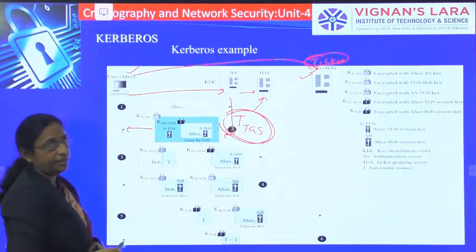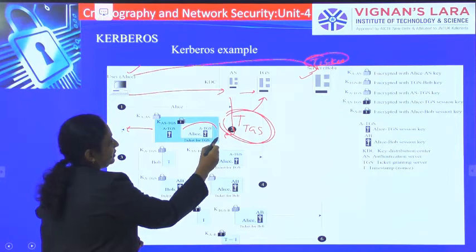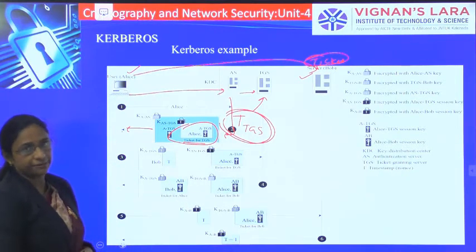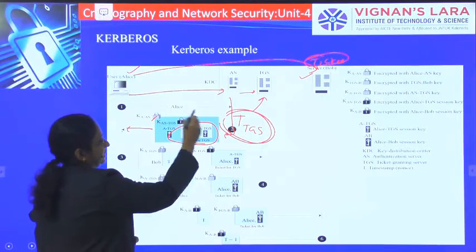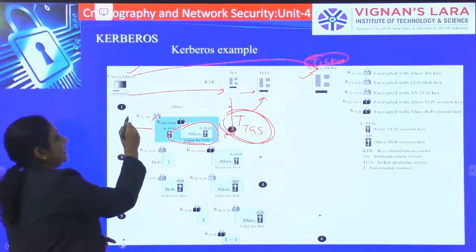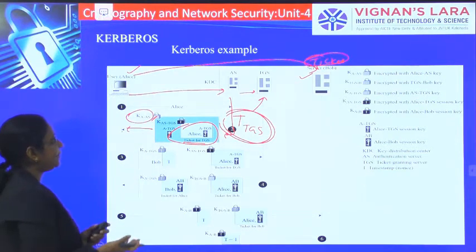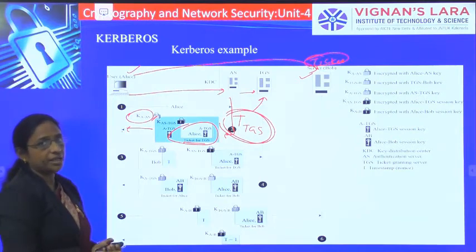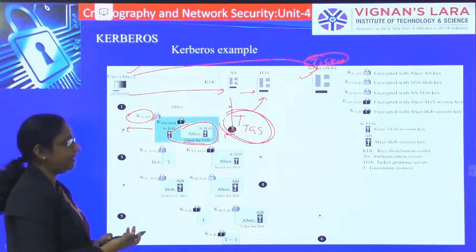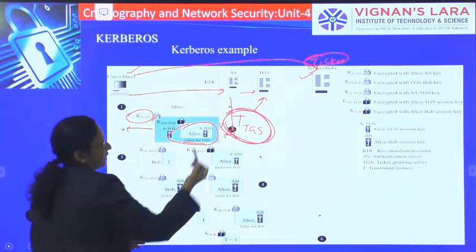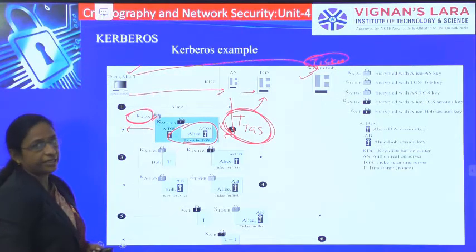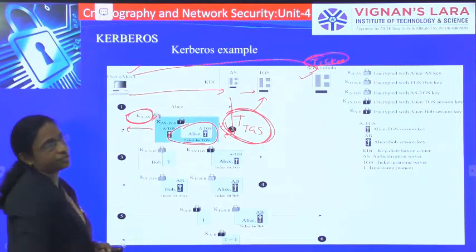So you can see here, this is the ticket for the ticket granting server. The ticket provided by the authentication server is encrypted and then sent to Alice, since the ticket is confidential so that nobody else can view it. It is encrypted with the key between Alice and the authentication server.